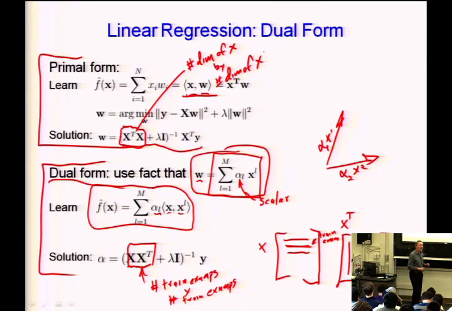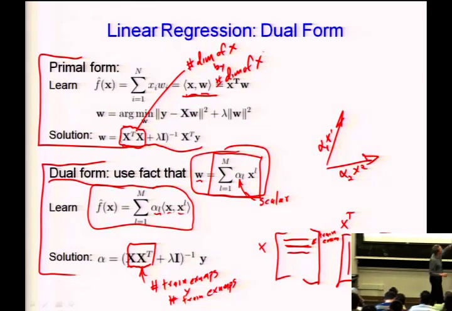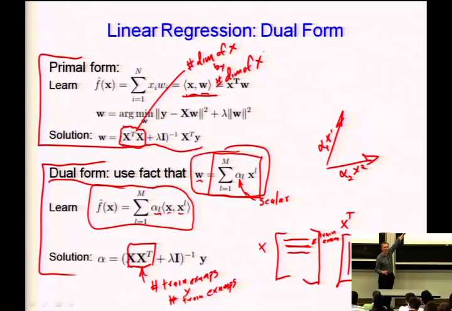And so if we're in a situation where, let's say x is pretty high dimension already, but we only have a small number of training examples, then we're going to be better off doing this.